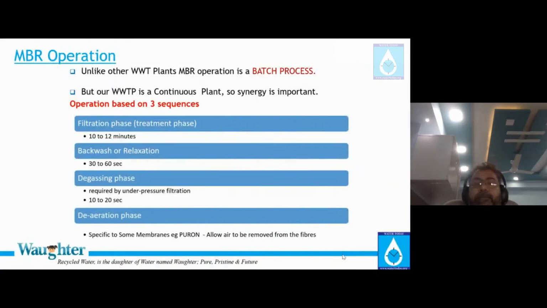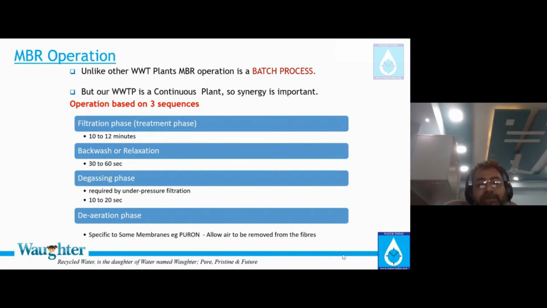Yes. Okay. So unlike other wastewater treatment plants, MBR operation is a batch process. But our wastewater treatment plant is a continuous plant, so synergy is important. Operation is based on three sequences: filtration, with 10 to 12 minutes you do treatment. Then you have backwashing or relaxation, 30 to 60 seconds.